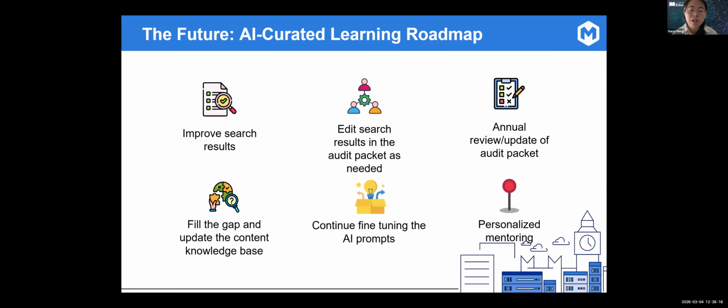And to keep the gem up and running nicely, we need to keep it maintained with an annual review and update of the audit packet. As long as we have good content flowing in, we see the gap, and we seek to fill the gap. I see the annual update as very neat and meaningful work for the community.